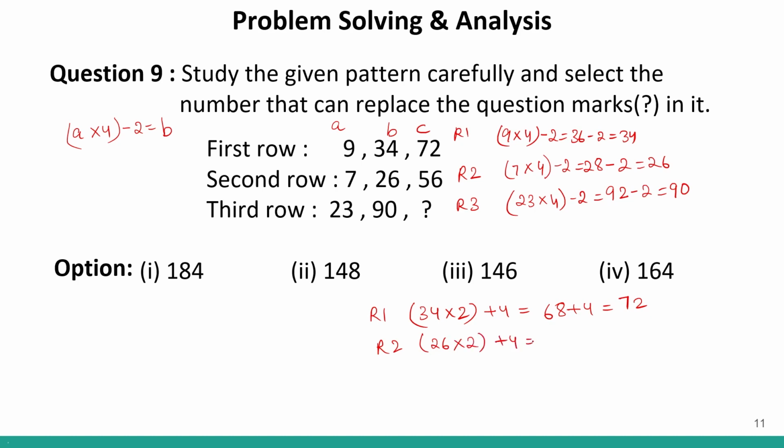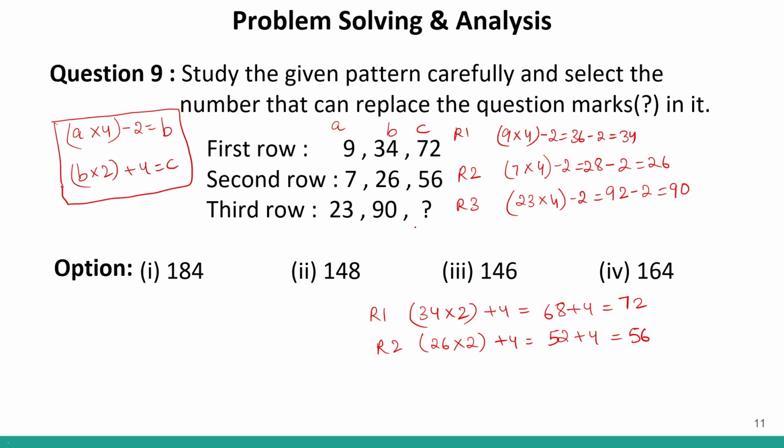So 26 into 2 is how much? This will be 52. 52 plus 4 gives me 56. So this is correct for row 2 as well. So I can say that B into 2 plus 4 gives me C. So I have broken down my logic into 2 parts.